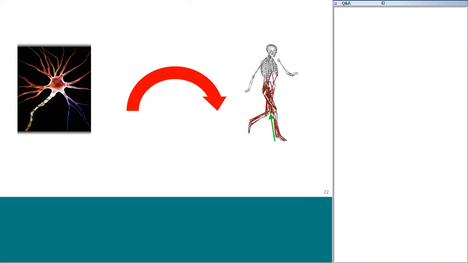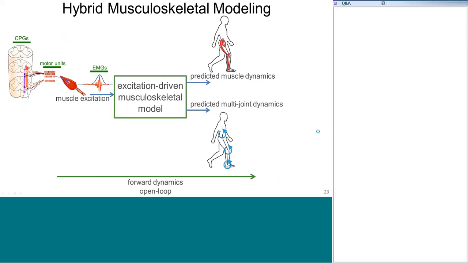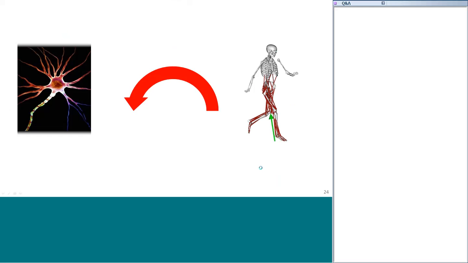So up to now, I talked about how we can use estimates of muscle excitations to predict the functions in the musculoskeletal system. This is regarded as a forward dynamic model. In this scenario, we can also use inverse models which reconstruct all the musculoskeletal transformations in reverse.